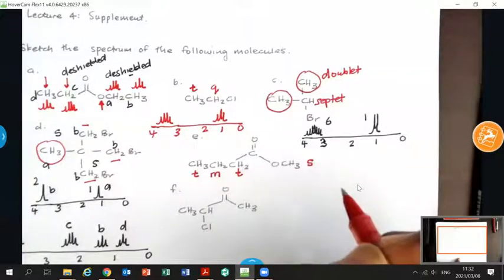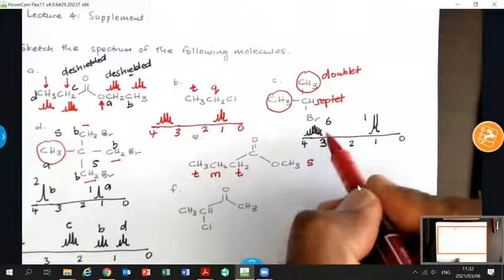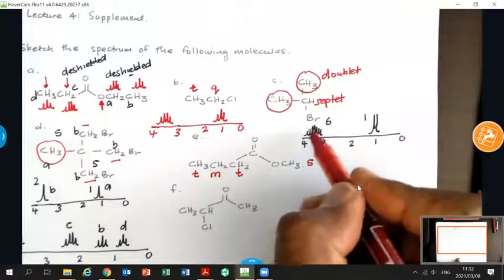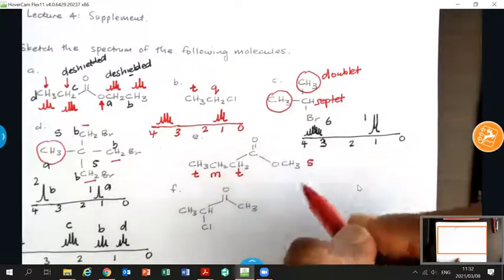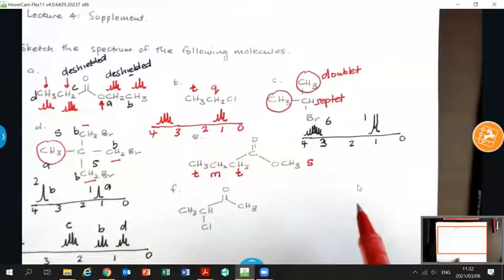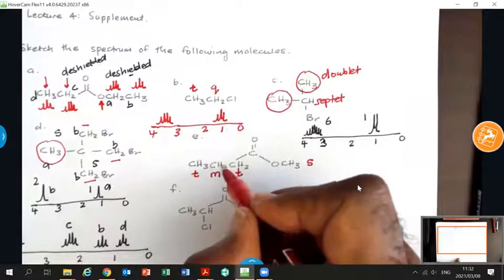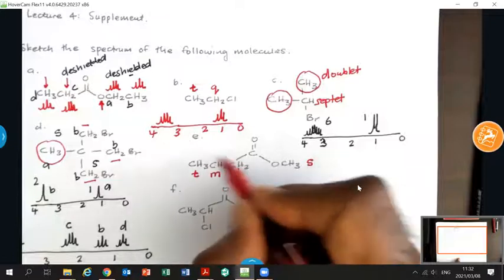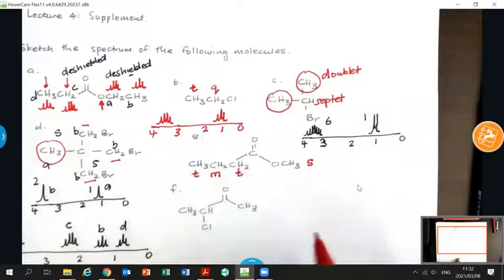We're not going to see the 12 lines because you can see how difficult it gets when you have 7 lines in the signal, imagine 12 lines. So we're just going to get a whole lot of overlapping there, and we're not going to see that properly. So we just call it a multiplet, right? So very importantly, you can't say that this CH2 group is going to be a sextet because there's 5 protons around it, right? It doesn't work that way. The protons have to be equivalent.